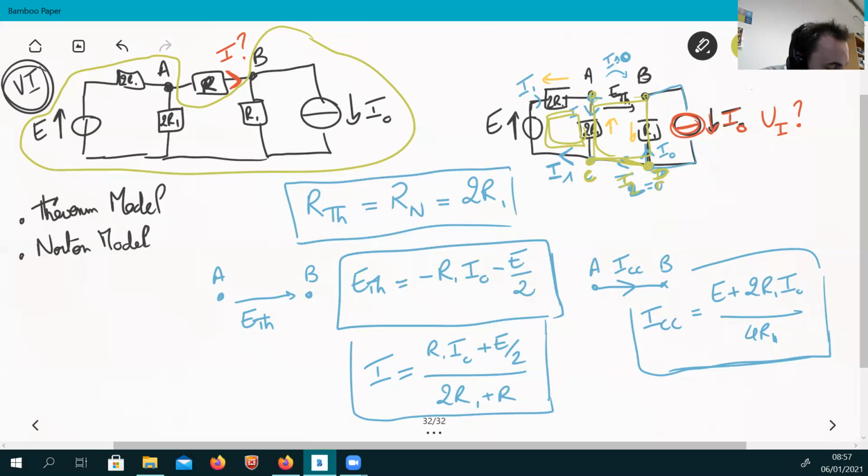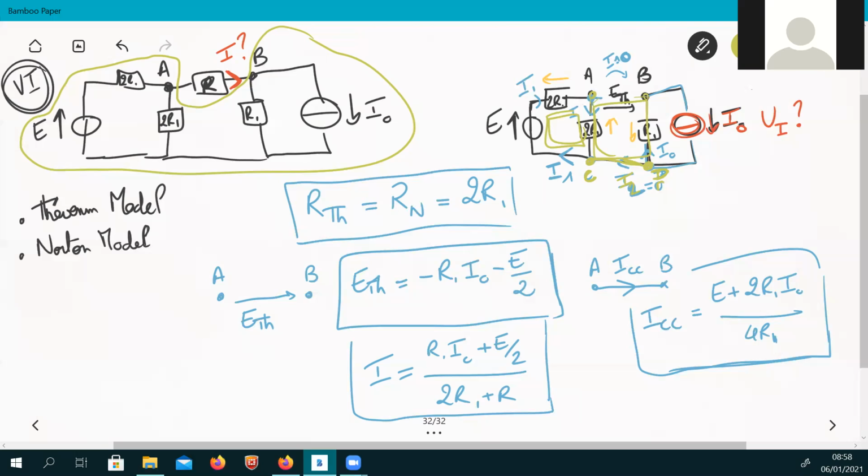But you will see this later once you do a lot of circuits. But for now, don't think too much about it. Just put another current, let's call it I2, and keep processing your circuits as you used to do. And then you realize that you don't need I2, and that's it.